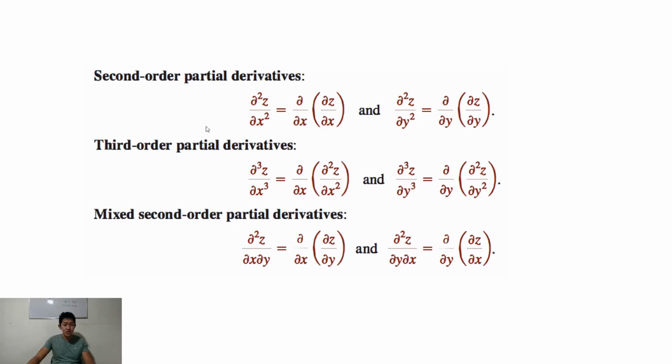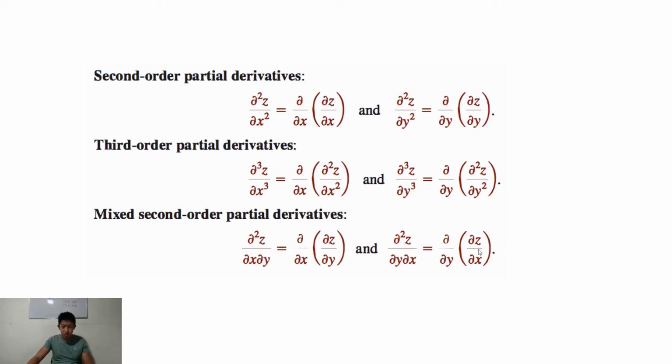For second order partial derivatives, whatever the value of your first derivative is, you just differentiate it again. So for third order, for mixed second order, for example the partial of z with respect to y, you differentiate this one with respect to x to get this one.